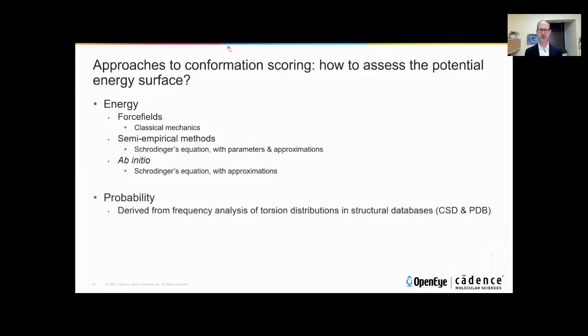And here we'd be looking particularly at the probability of finding a particular torsion in a molecule by comparing the frequency of a particular torsion angle in solid-state databases such as the CSD to the torsion in the molecule. The more frequently a torsion occurs, the more likely it is that conformation is to exist, whereas the less frequently a torsion is found experimentally, the less likely we believe that torsion is to be existing in a real conformation. But again, most approaches here are focusing on force fields for energy.